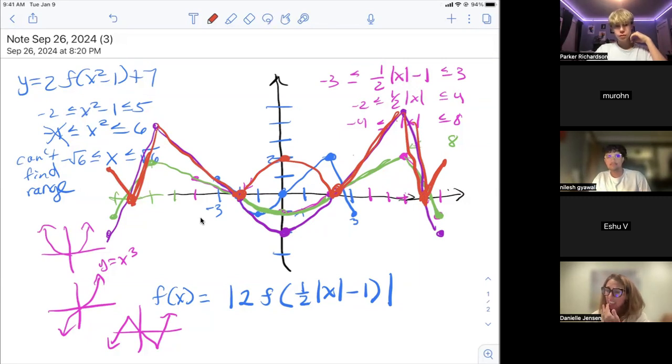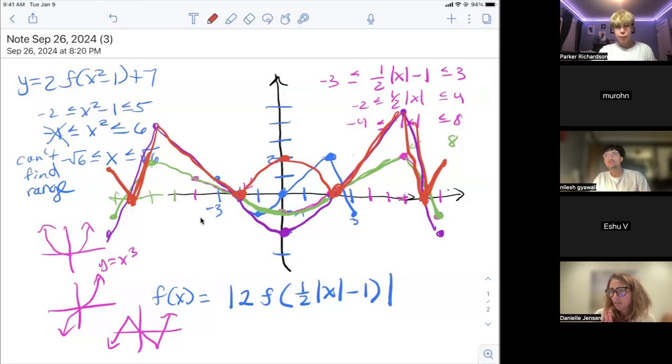So another thing to notice, what was the last transformation I did in the domain? Absolute value, which notice because that was the last thing I did, this graph is an even function. It's symmetric across the y-axis. So that's an important thing to make note of.